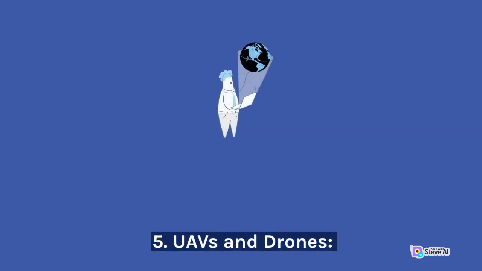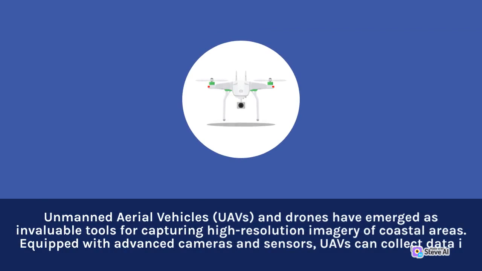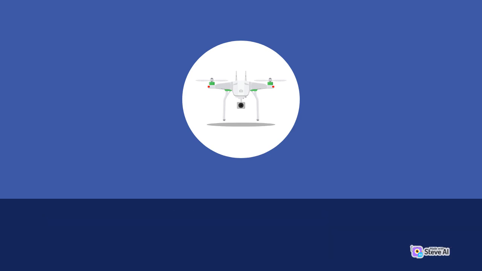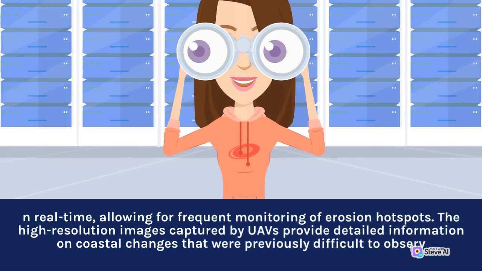5. UAVs and drones. Unmanned aerial vehicles, UAVs, or drones, have emerged as invaluable tools for capturing high-resolution imagery of coastal areas. Equipped with advanced cameras and sensors, UAVs can collect data in real time, allowing for frequent monitoring of erosion hotspots.